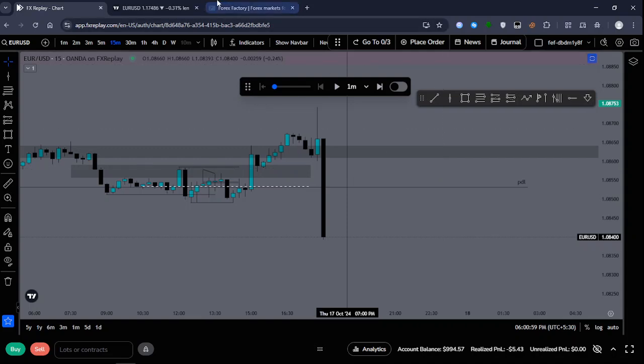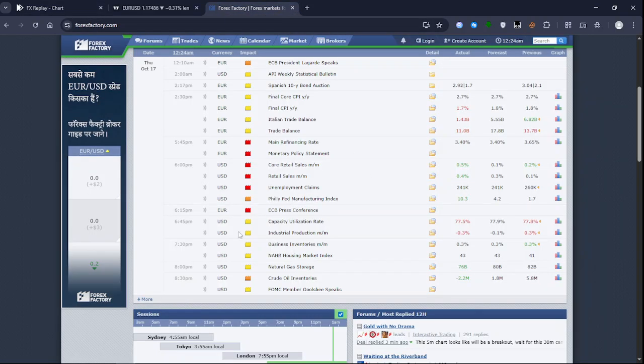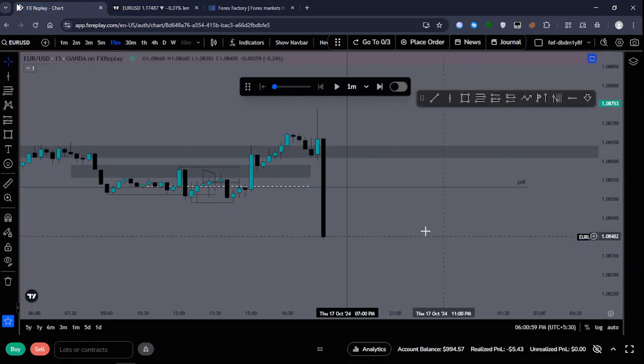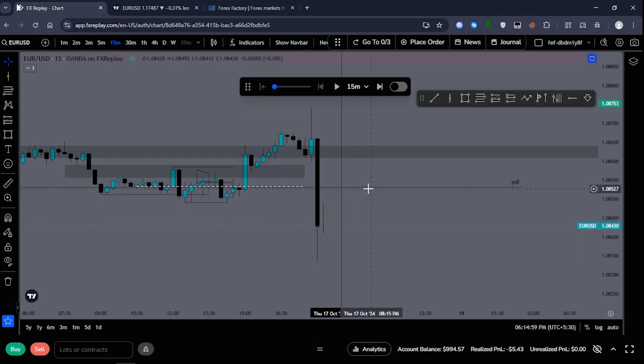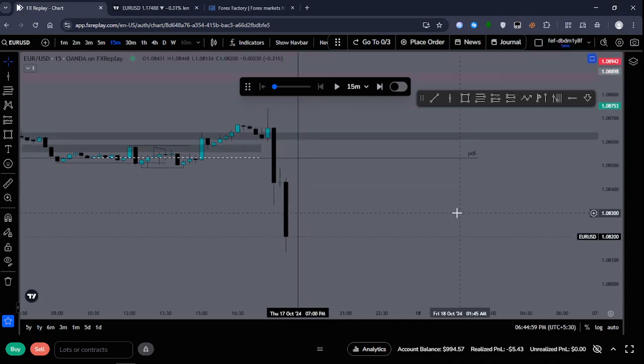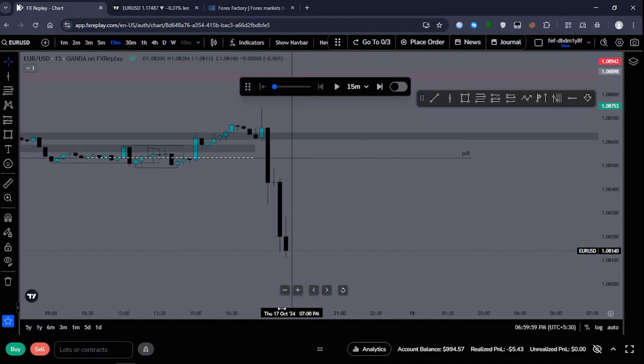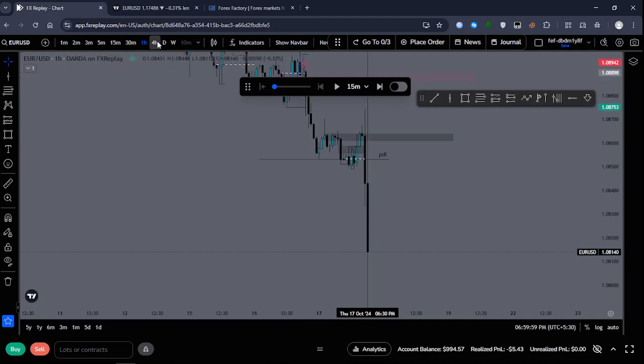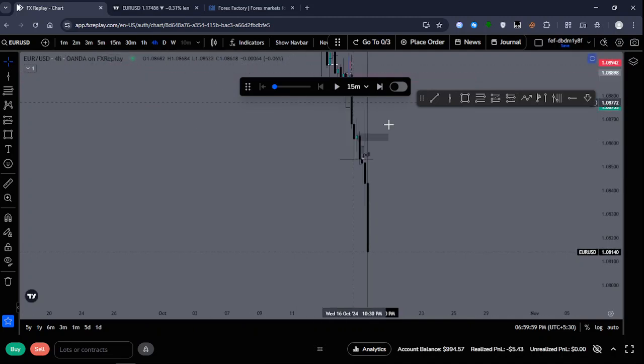After every news is done, massive displacement to the downside though. Oh my god. The price just displaced through the previous daily low there. 4-hour was definitely closed through that.